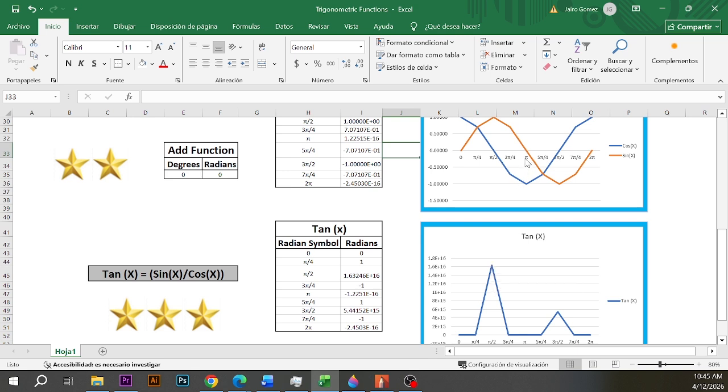However, when sine is 0 in these three portions, tangent is going to be 0, as seen here in this chart. The other part is when cosine is 1 and sine is 0, well, 0. But when sine is negative 1 and cosine is 0, that's where this can go to infinity as well.